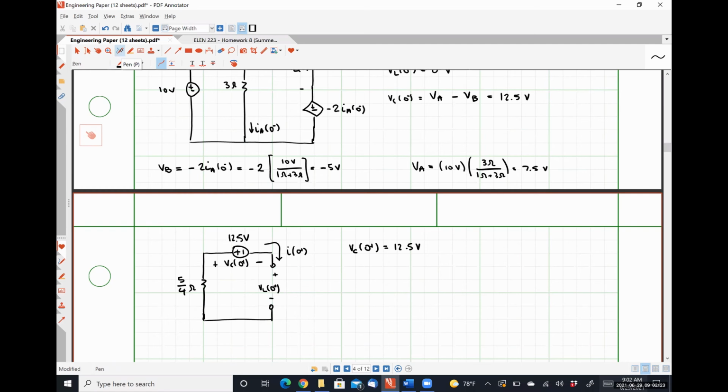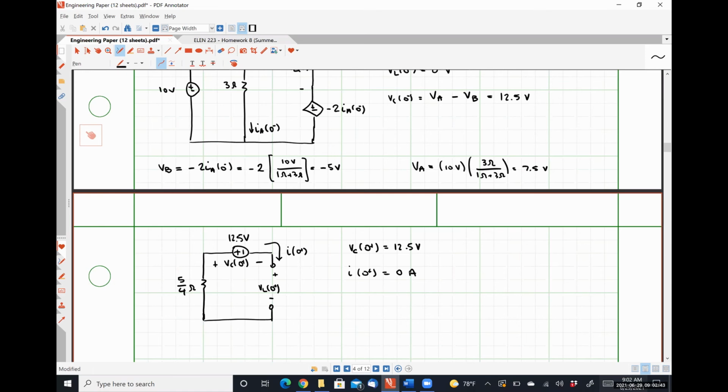All right. So we know that I at 0 plus is equal to 0 amps. Both of those we got because we know that the current through an inductor cannot change abruptly and the voltage drop across the capacitor cannot change abruptly.